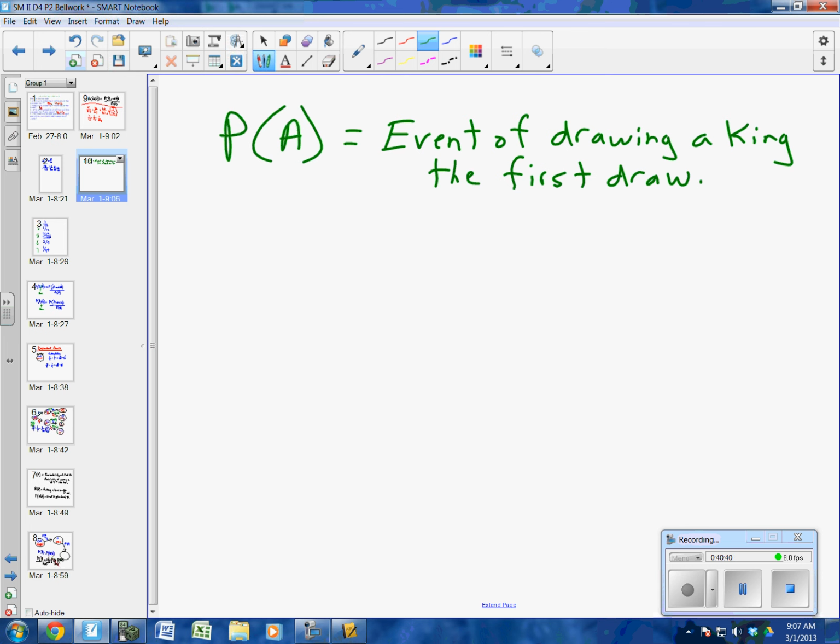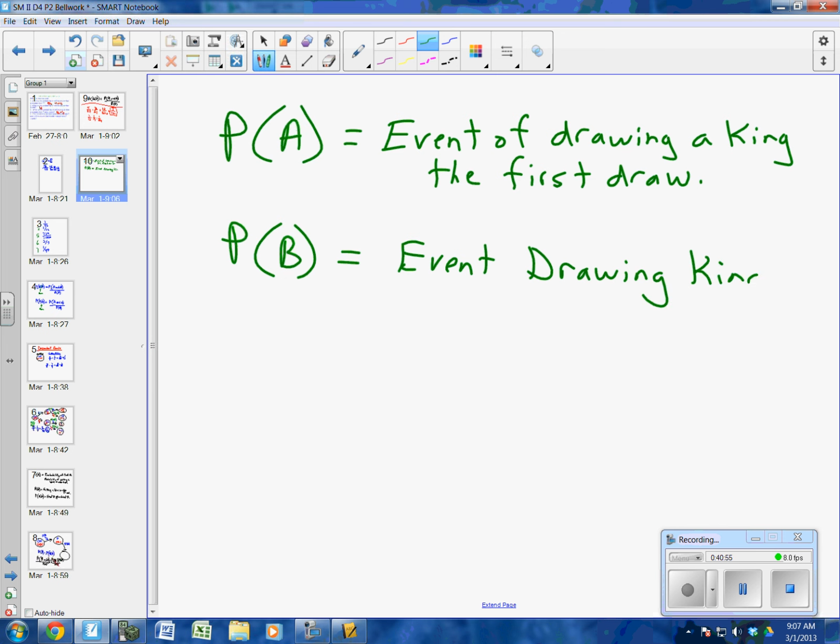And event B is drawing a king second. So how do I write this? Probability of what given what, you guys? Probability of B given A.